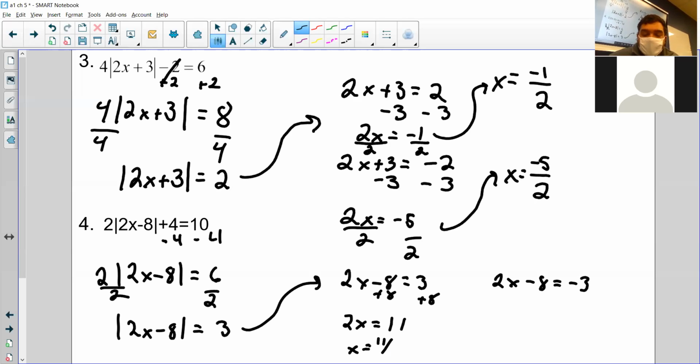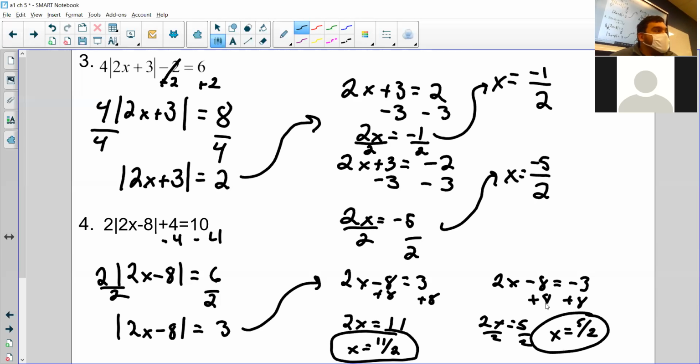X equals 11 over 2. That's one. 5.5 is fine too. Then plus 8 here, plus 8 here. 2x equals 5, divided by 2. X equals 5 over 2, which is also 2.5. Yeah, that's fine.